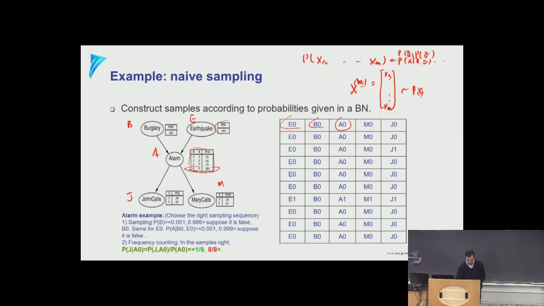And naturally, you sample once and you get A equal to 0. Then given the alarm is off, you sample whether John calls or Mary calls and so forth, and you get all 0. That's how you get one sample from a distribution. Then you do it again, you get the second example like this, and then you do it again, you get the third example like this.